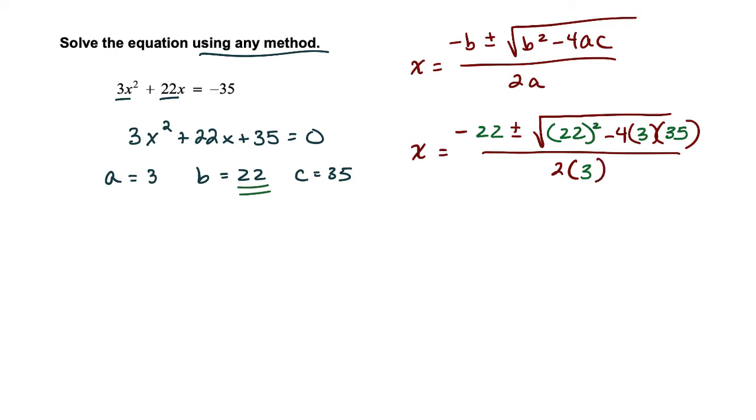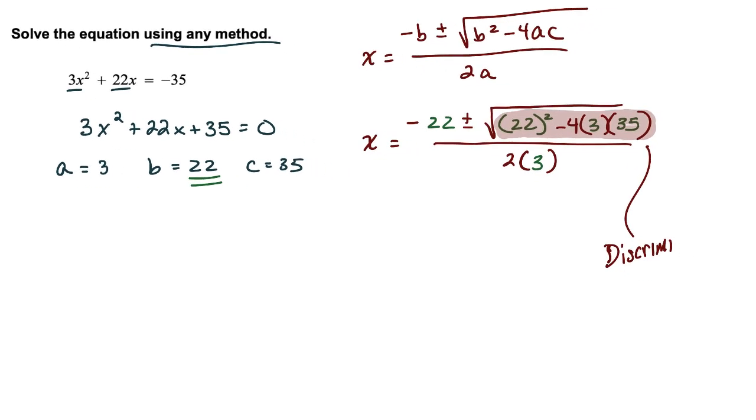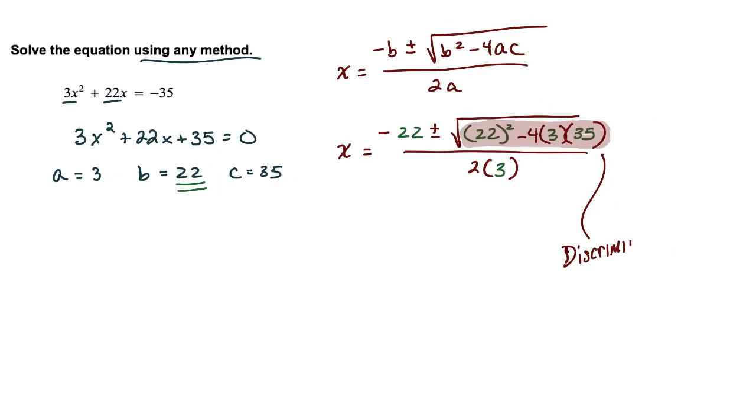Now, the information underneath the radical, this part right here, that's called your discriminant. Oops, shrink that down, discriminant. Notice it doesn't include the square root, it's the stuff underneath the square root.